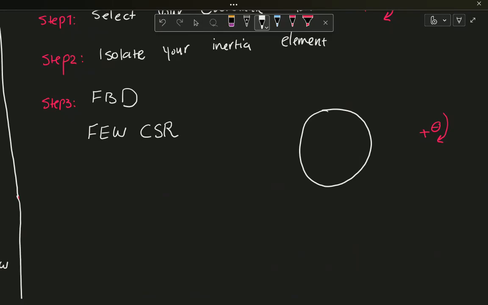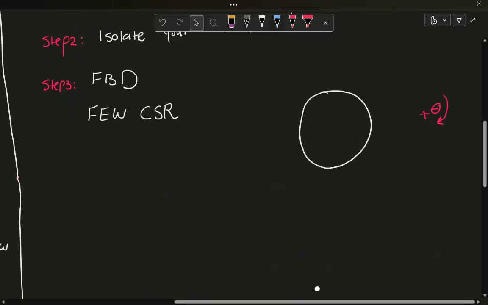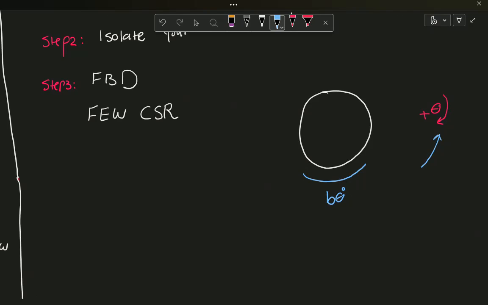So first of all, friction. My friction torque is coming from the bearing. The magnitude of this one is known, b theta dot. For the direction, I look at the direction of motion. If I assume that I'm going in the positive direction, this is going to go negative.